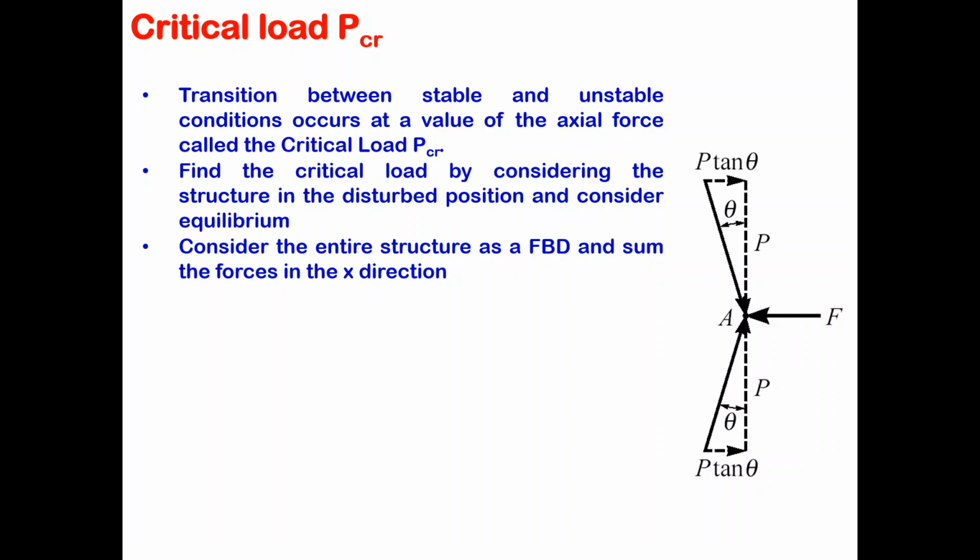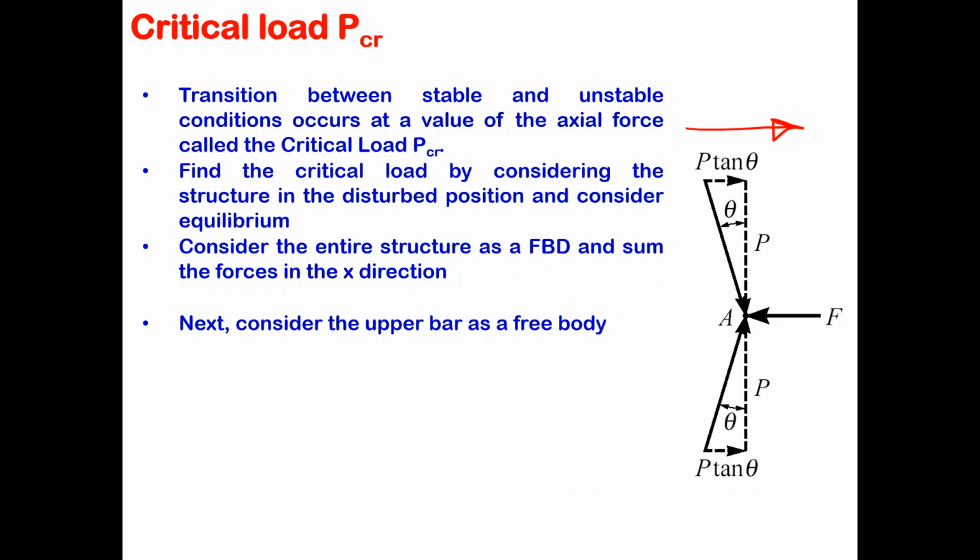Okay. And then we can draw the free body diagram and sum the forces in the x direction. X direction is this direction. We have the spring force F, and we also have the load multiplied by the tangent of the buckling angle.